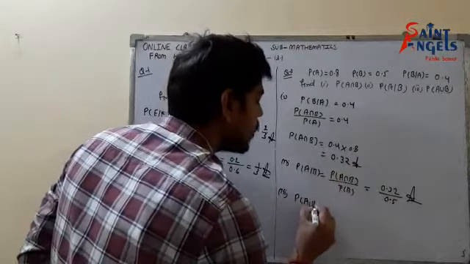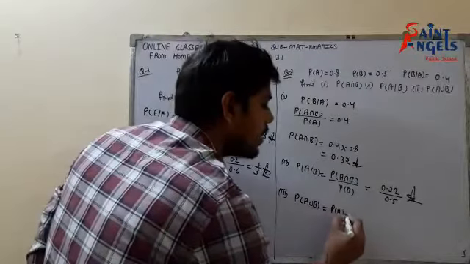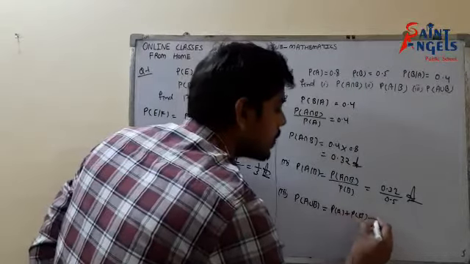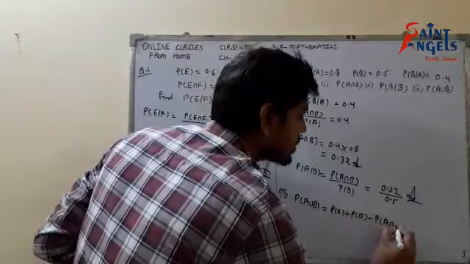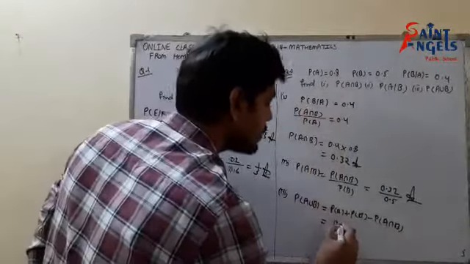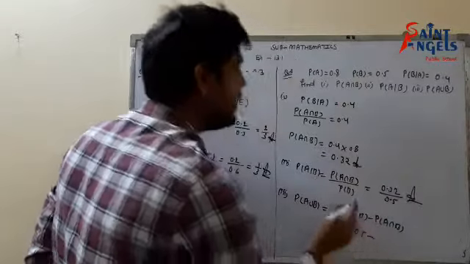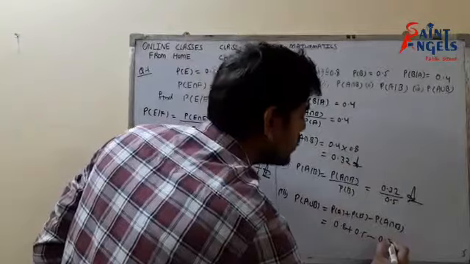Now the third part is we have to find the value of P(A union B). In 11th class, we are all very aware that this equals P(A) plus P(B) minus P(A intersection B). P(A) is 0.8 plus P(B) is 0.5 and P(A intersection B) is 0.32.